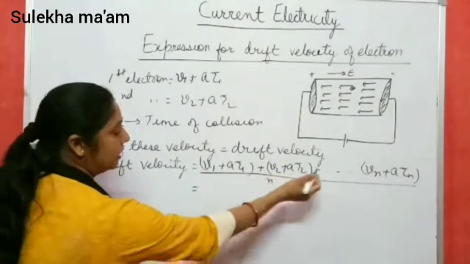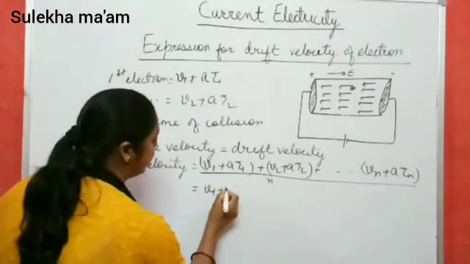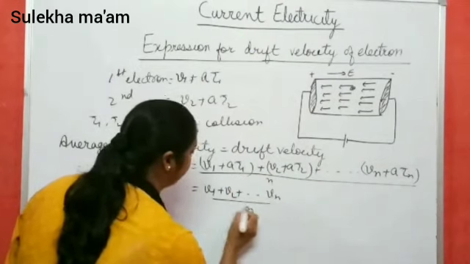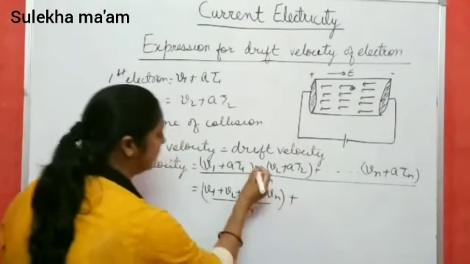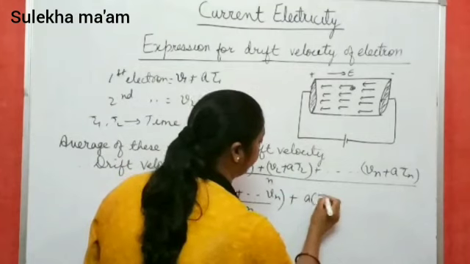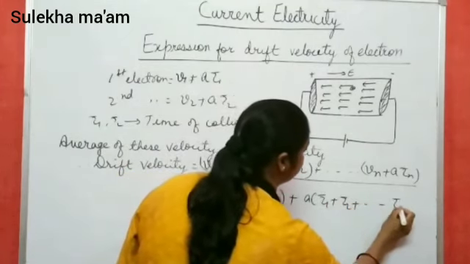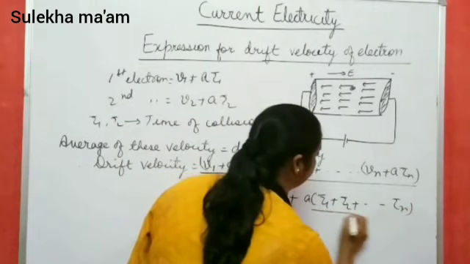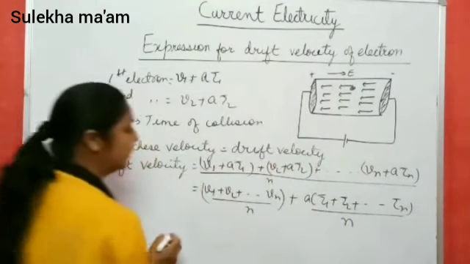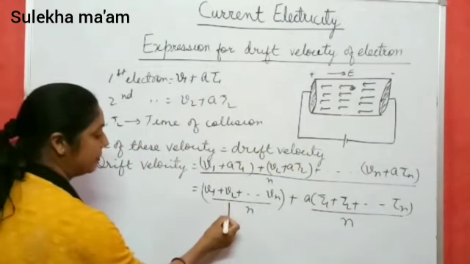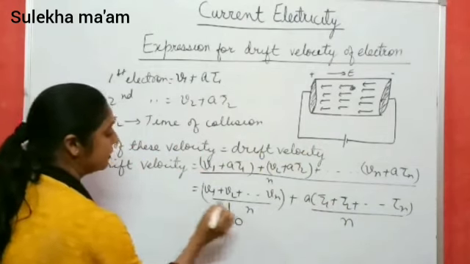So you take all the v1, v2 on one side, v1 plus v2 plus up to vn, by n, and on the other side a tau 1 plus tau 2 plus up to tau n, by n. You know that the first expression is the average thermal velocity, and this becomes 0.